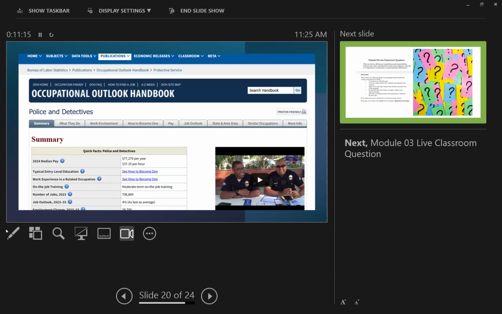Also going across, you can see what they do, the work environment, how to become one, pay structure, job outlook, state and area data, and similar occupations. I hope that information helps you.